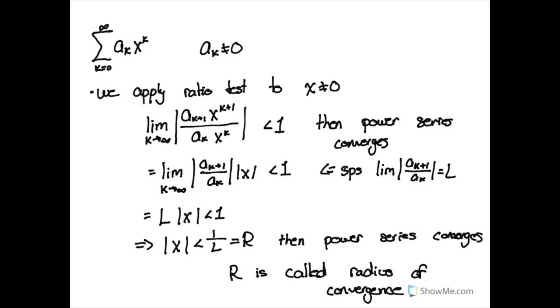And now notice that if the limit L was equal to 0, then for all x, the ratio test will tell you that this power series converges. And if the limit was infinite, well then, it diverges for all values of x. So let me compile that into a formal definition.